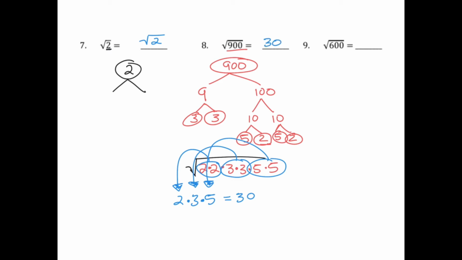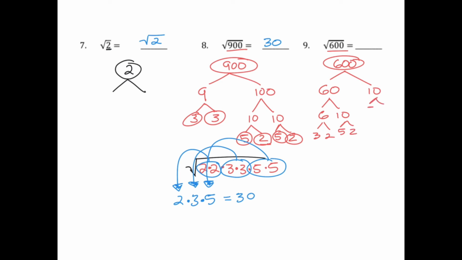Let's do another example. We have the number 600. Two numbers that multiply to give me 600. You can leave it simple as 60 times 10. Two numbers that multiply to give me 60: 6 times 10. Two numbers that multiply to give me 6: 3 times 2. Two numbers that multiply to give me 10: 5 times 2.